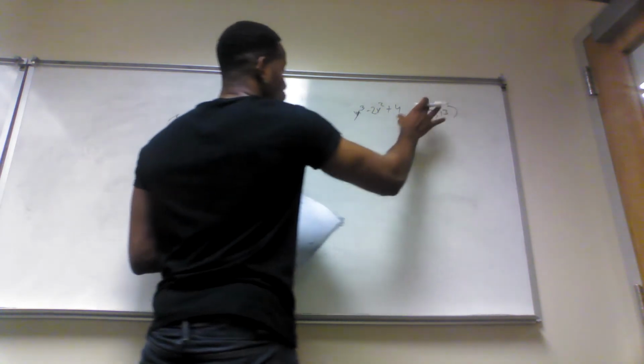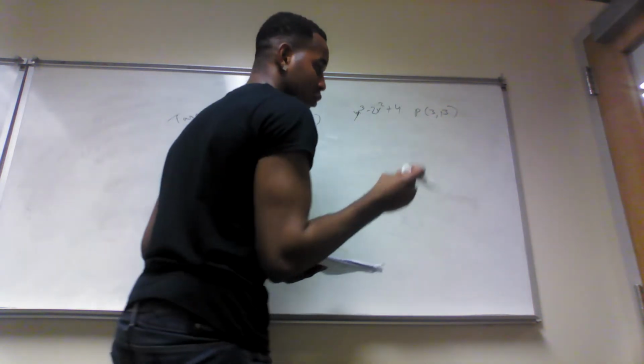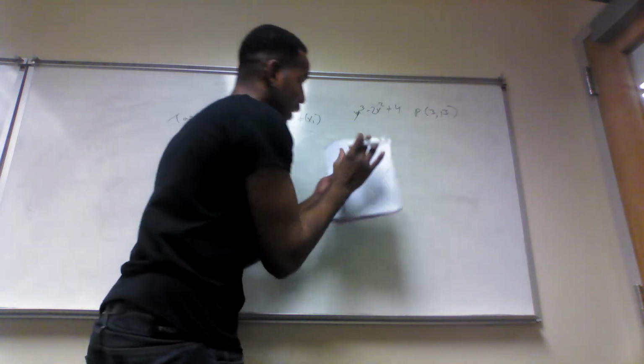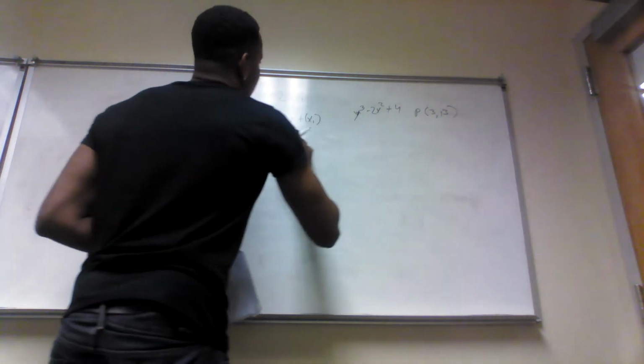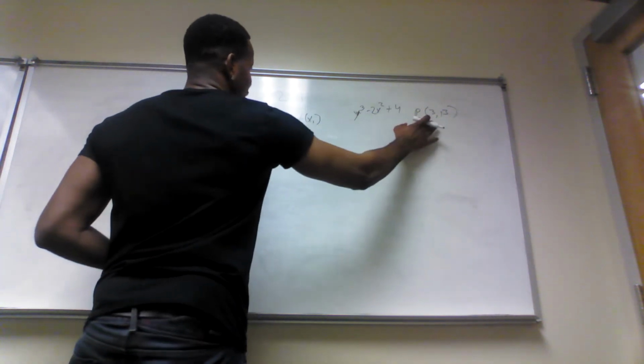Now realize this is the point where it takes for it to reach 0, or the point where it intersects. So we are going to plug in, because we already know what x1 is.